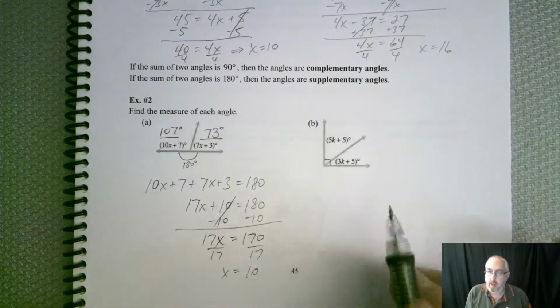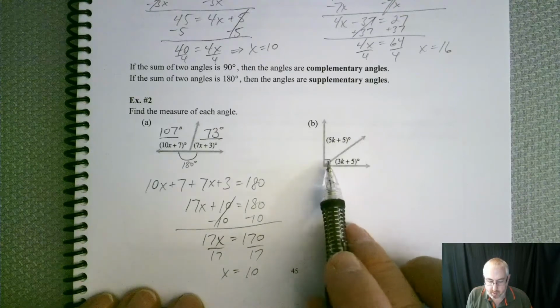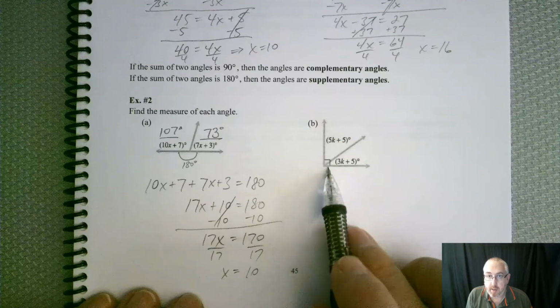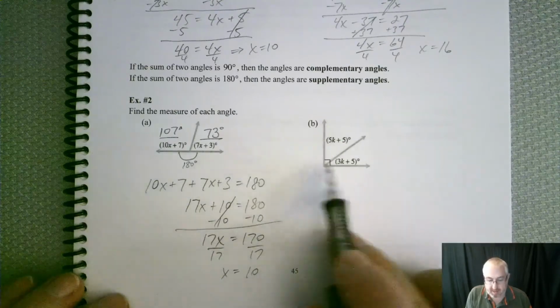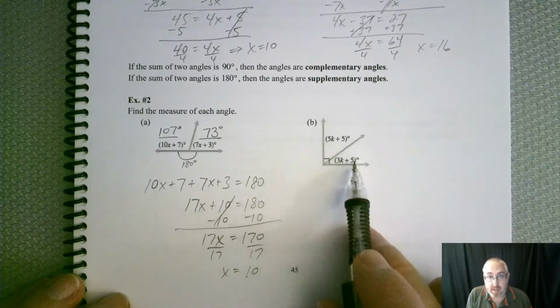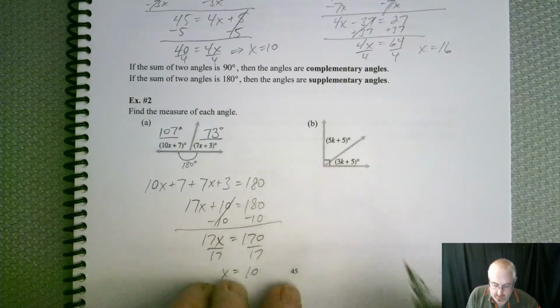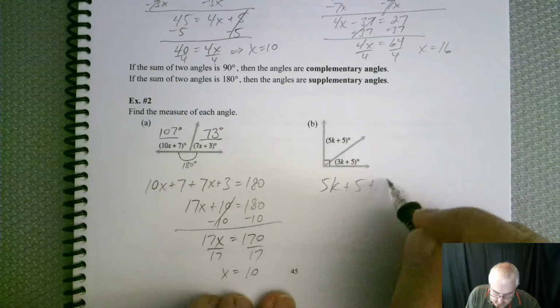All right. Now what about this one? Ooh, what do we notice here? We got that little symbol in the corner. So we know that the overall thing, the overall angle has to be a right angle. It has to be 90 degrees. So we have two angles that are combining to equal that 90 degrees. So we can set up our equation as follows.